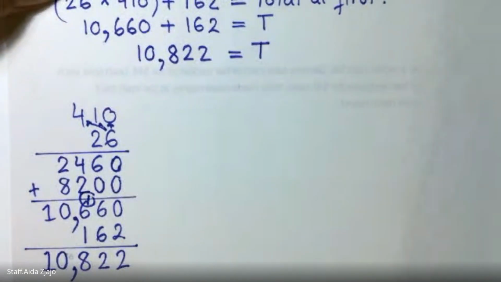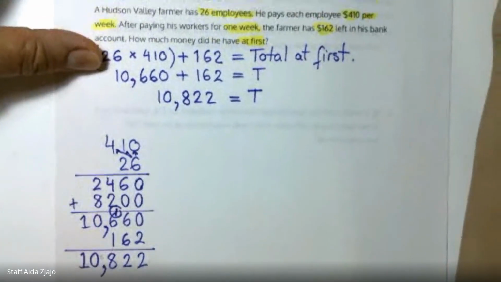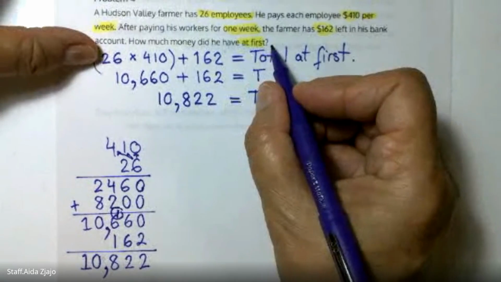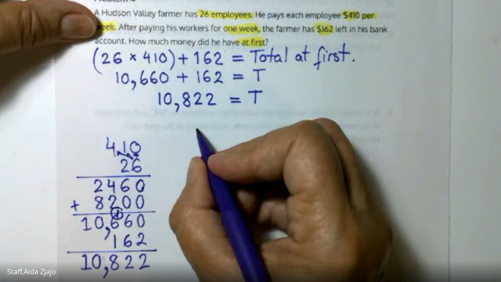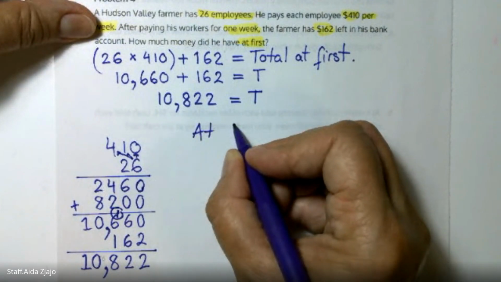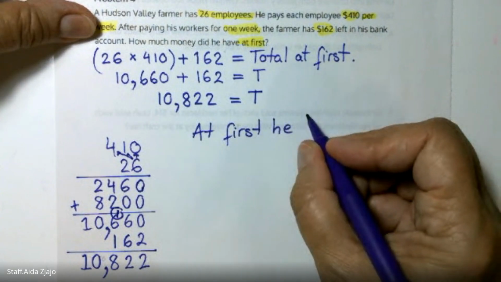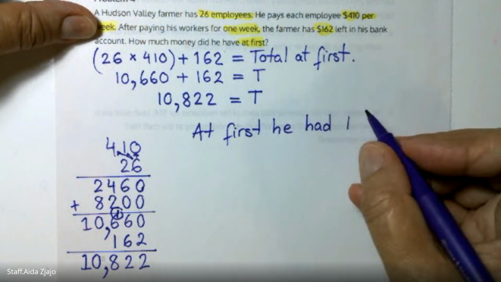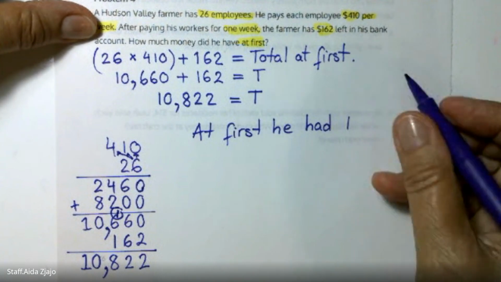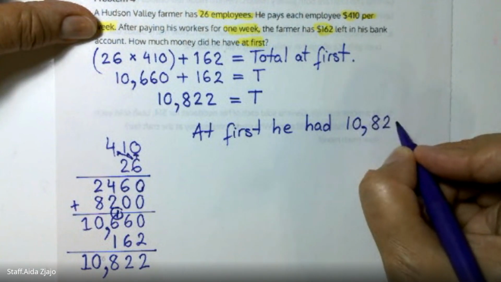All right, so now I'm going to make it smaller so I can rewrite the answer. Okay, how much money did he have at first? So at first he had $10,822.